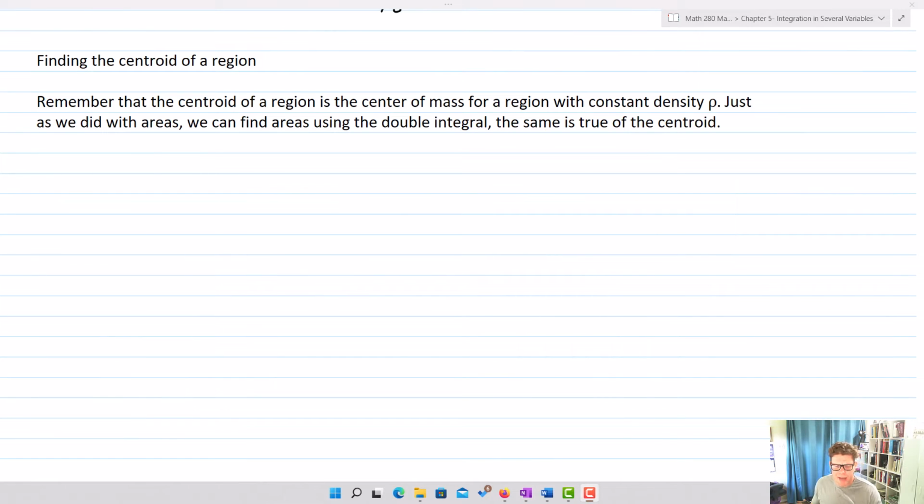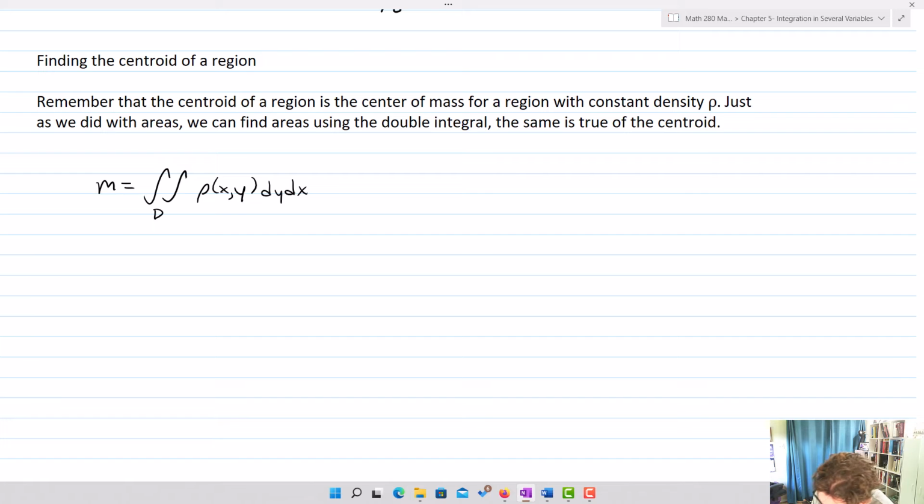Now, what we can do is talk about finding a centroid of a region using a double integral. So remember that the centroid of a region is the center of mass for a region with a constant density rho. Just as we can find areas using the double integral, the same is true for the centroid. So we're going to look at those formulas that we have for the moments and for the mass. Remember, the mass is equal to the double integral over D of rho of xy dy dx.